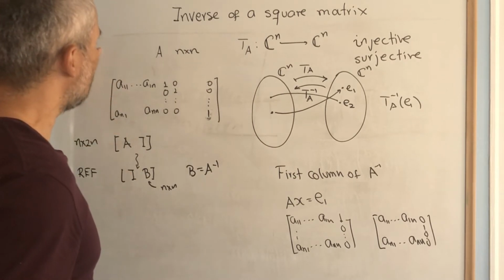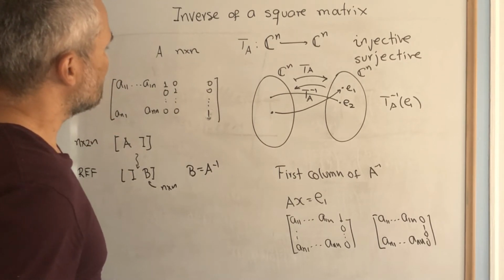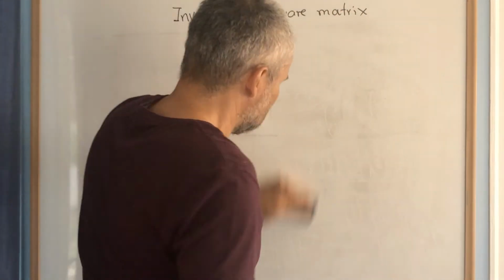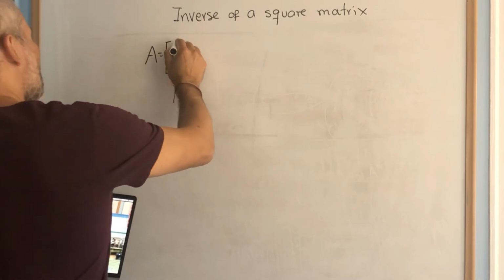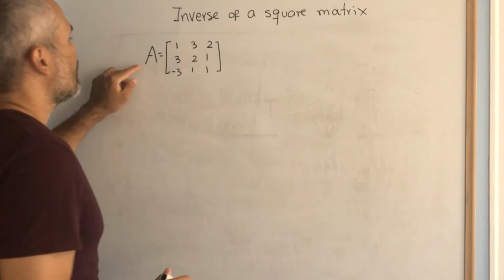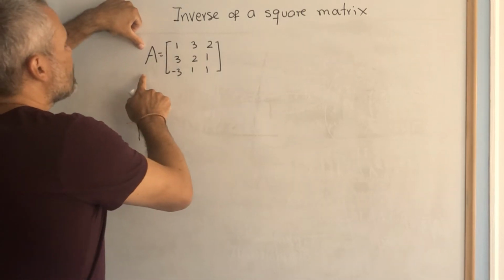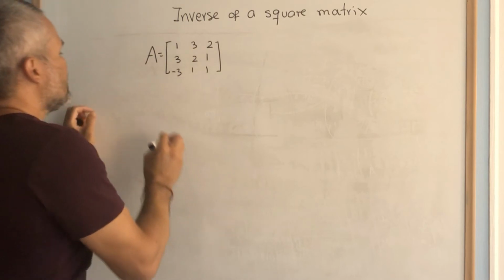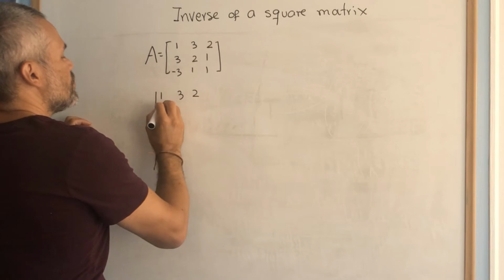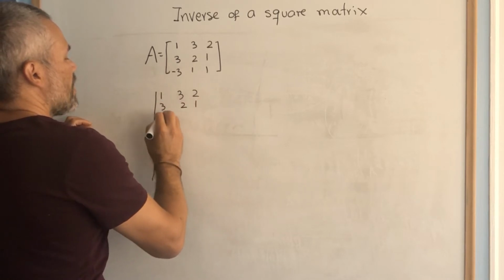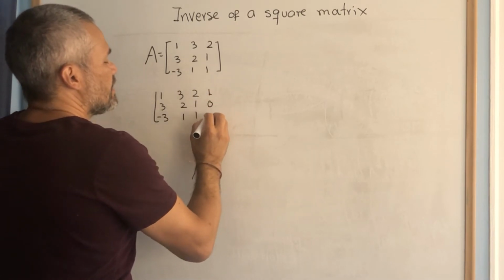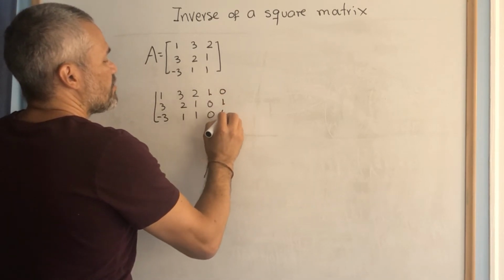Let's do an example that illustrates this argument. For example, if we want to compute the inverse of this matrix, then we need to consider the matrix 1, 3, 2, 3, 2, 1, negative 3, 1, 1, and then we add the identity on the right of that matrix.